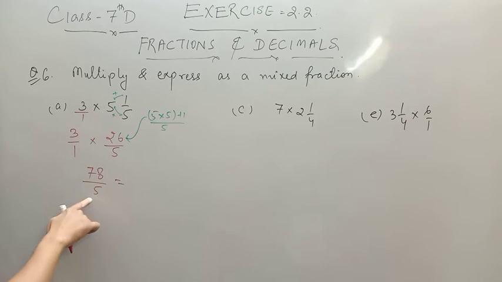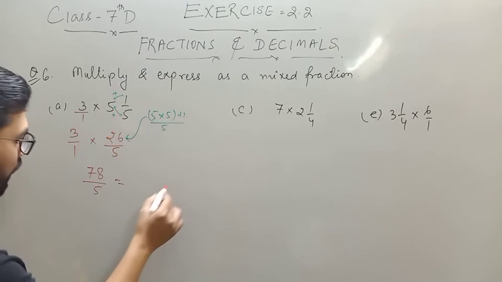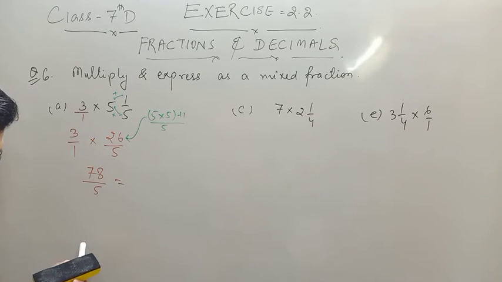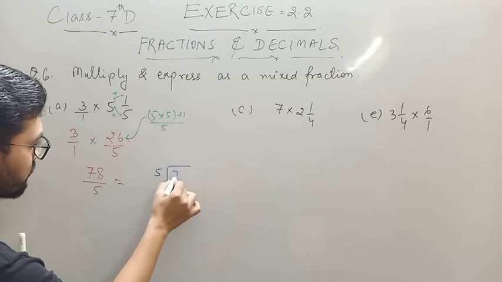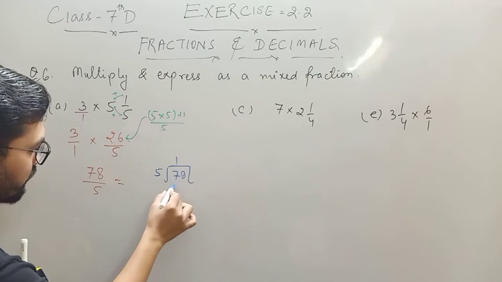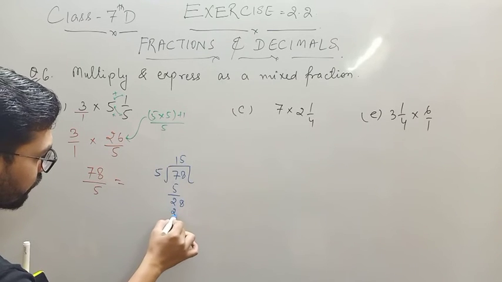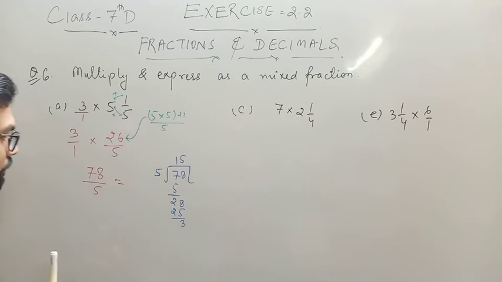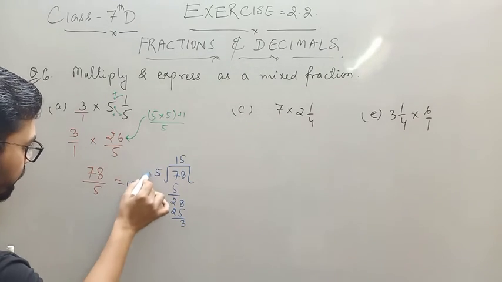Now I can represent this in the form of a mixed fraction. How? You can simply write 5 into 78: 5 1s are 5, 28, 5 5s are 25, so 3. So 15 3 by 5.